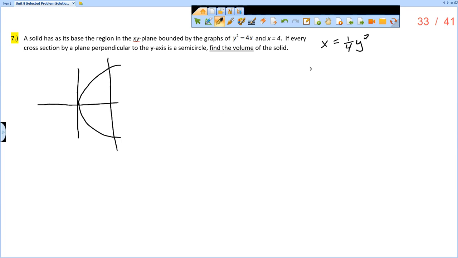It says cross sections are perpendicular to the y-axis, so we are using a dy cut, which means we need this in x equals form anyway.